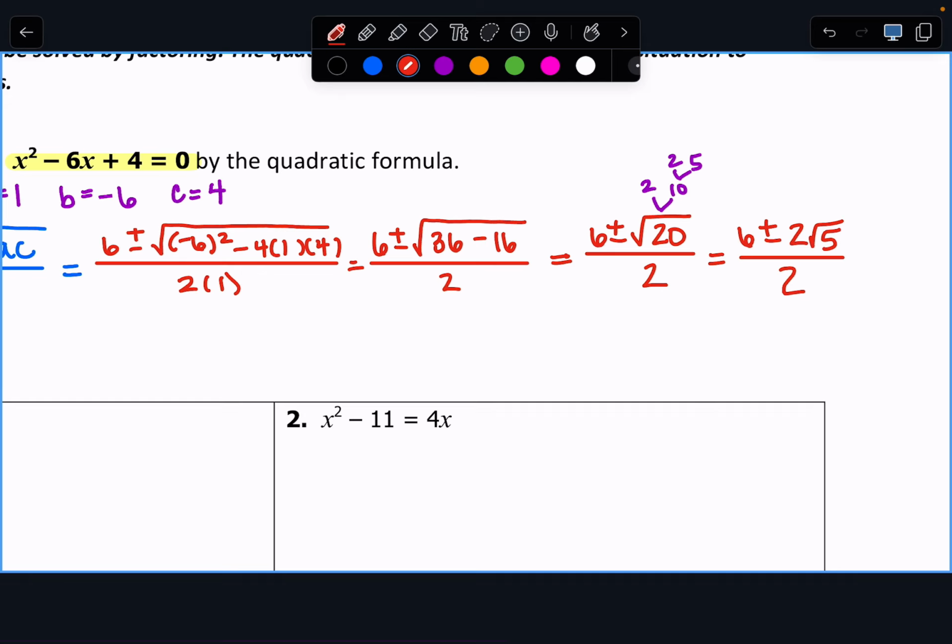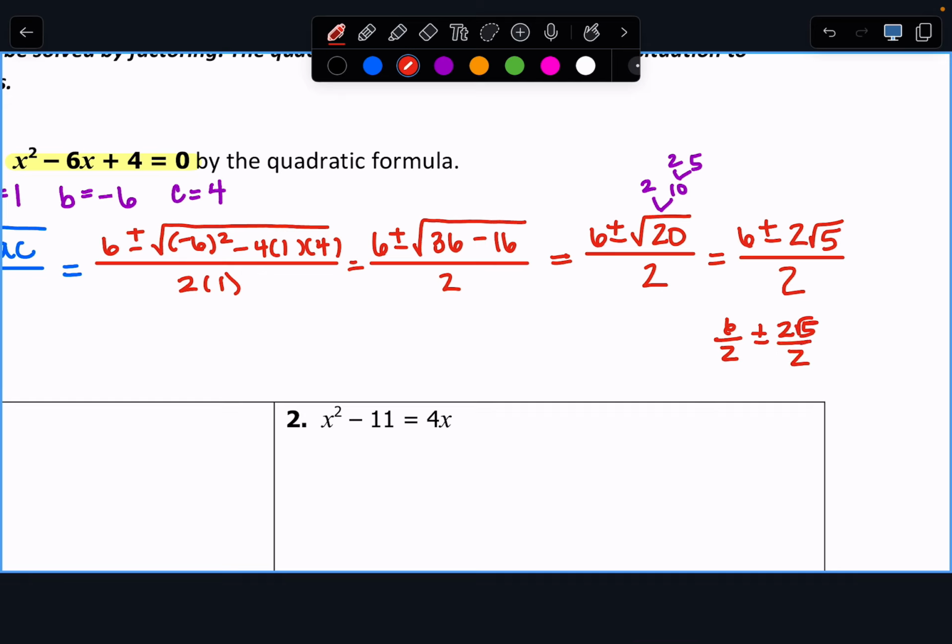But don't you simplify the 6 and 2 or no? So technically, we have 6 over 2 plus or minus 2 radical 5 over 2.